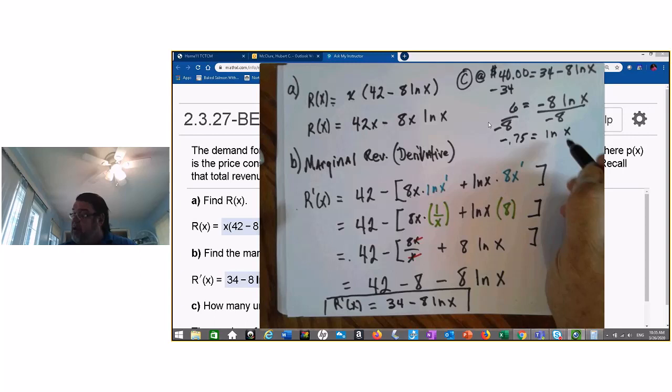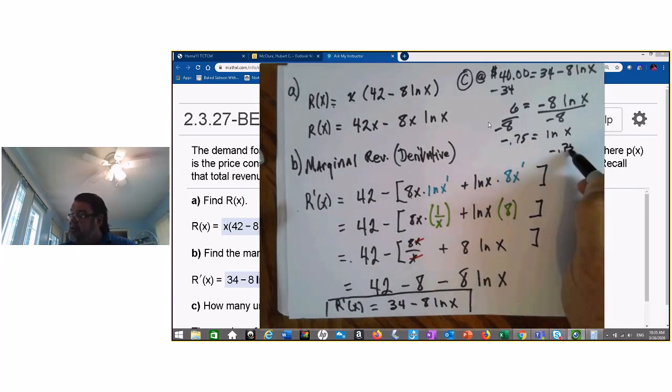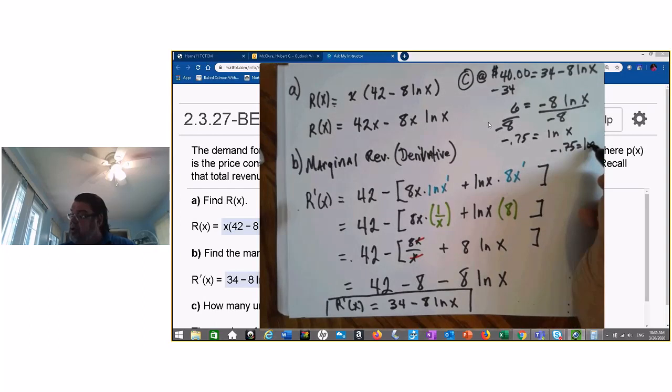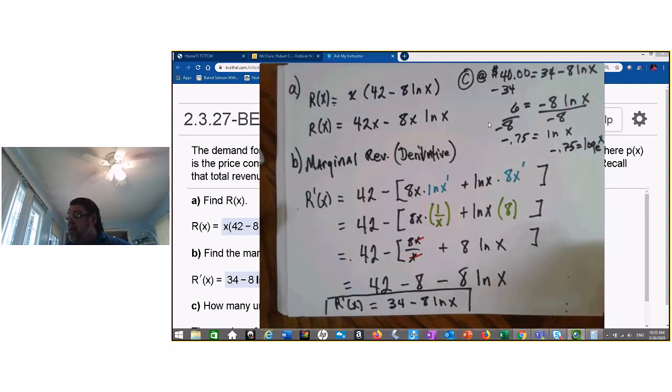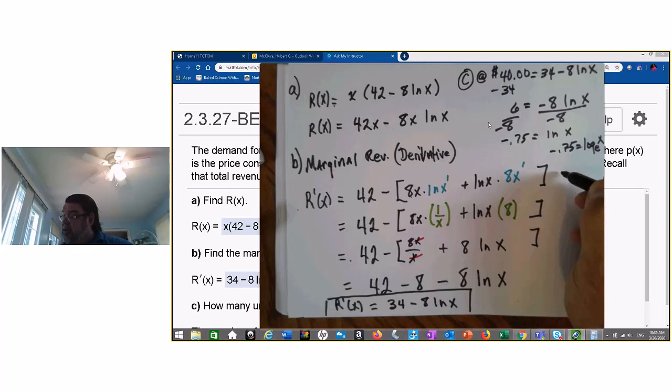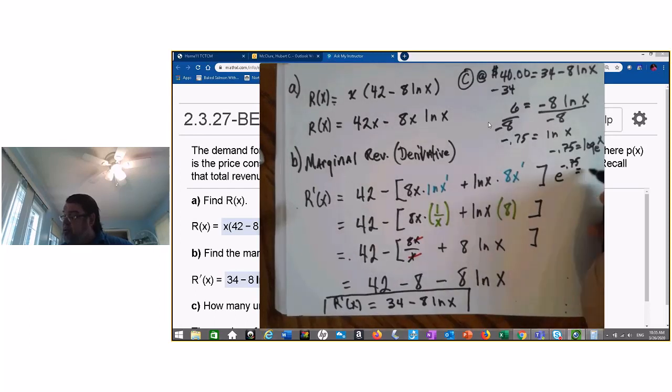And I can rewrite that as negative 0.75 is equal to log e of x. And I can use the definition of a logarithm. A to the y would be e to the negative 0.75 is equal to X. And somebody, let's take your calculator.